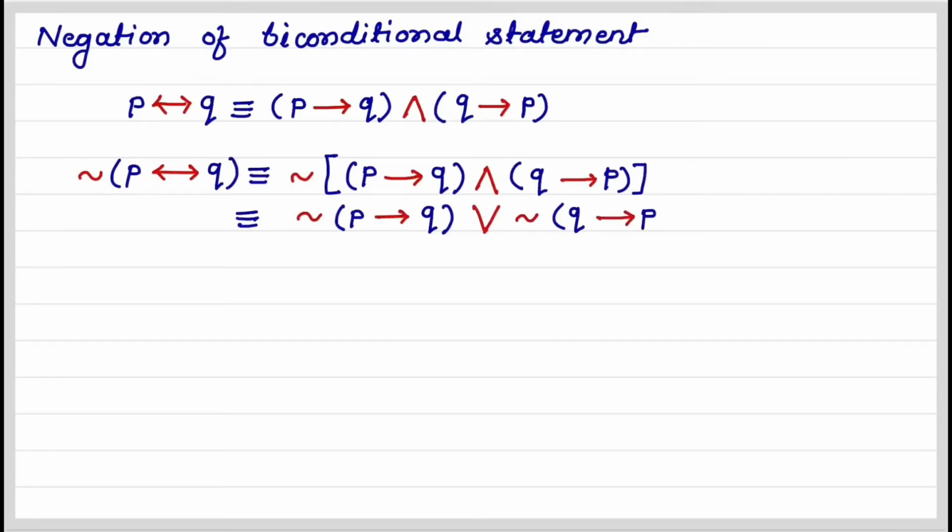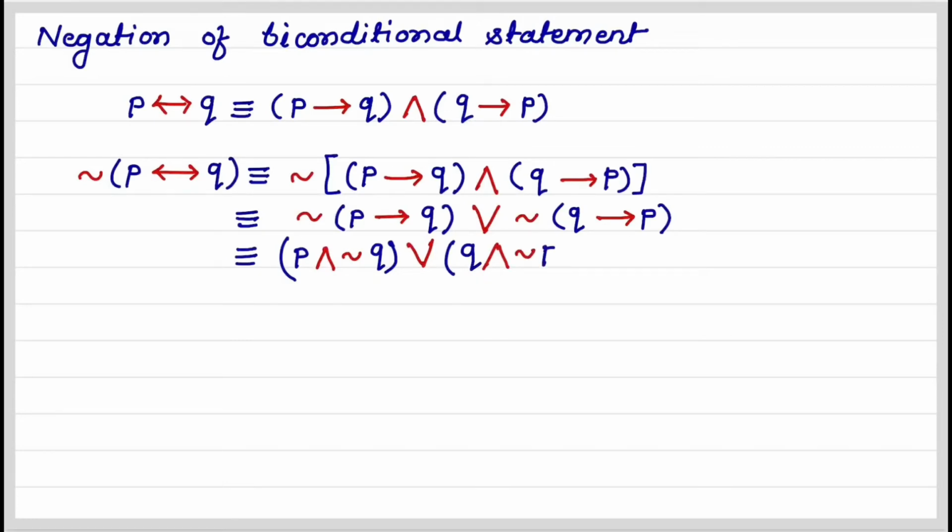Just now we have seen negation of P implies Q is equivalent to P and negation of Q, so it remains as it is. Apply the same rule for the second implication: first statement and negation of second statement.